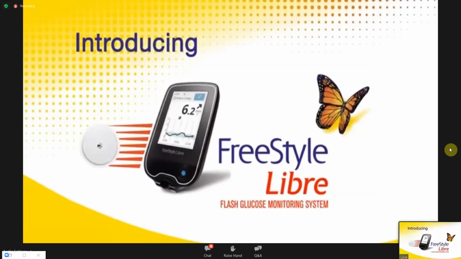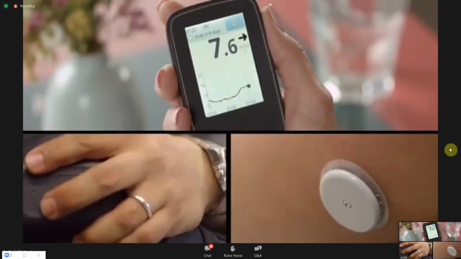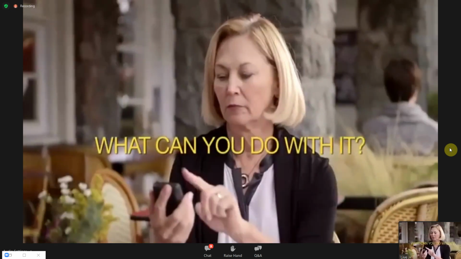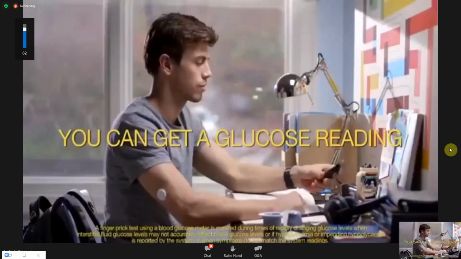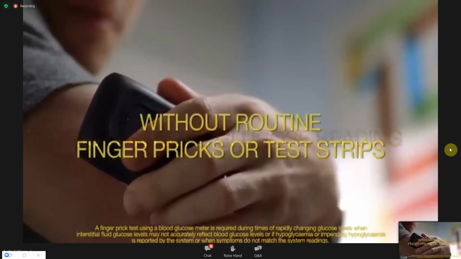Introducing the Freestyle Libre system, the world's first flash glucose monitoring system. What can you do with it? You can get a glucose reading with a quick, painless scan without pricking your finger.